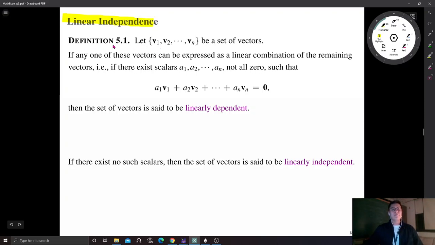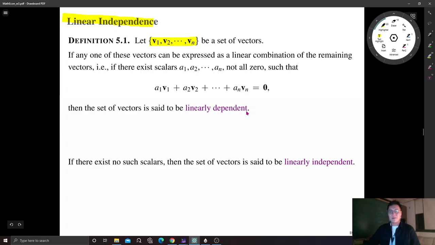Let me first read the definition. Suppose we have a set of n vectors, from v sub 1 to v sub n, where each element is a vector. If any one of these vectors can be expressed as a linear combination of the others, then we say the set of these vectors is linearly dependent.